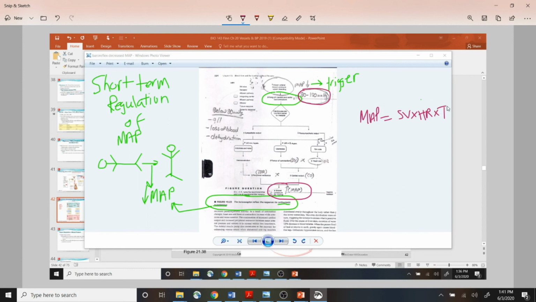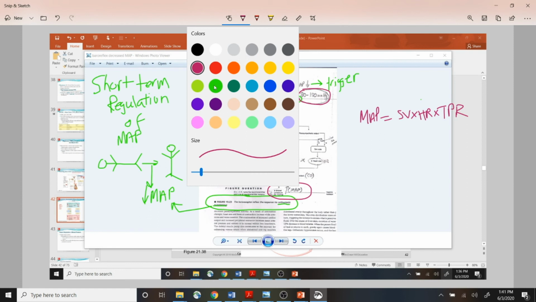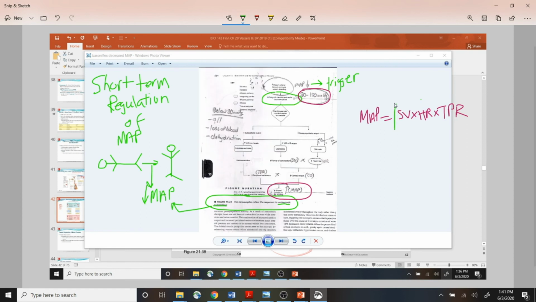We've learned so far that I've got to increase my mean arterial pressure. If I'm going to increase my mean arterial pressure, I need my stroke volume to increase, my heart rate to increase, and some of my blood vessels to get increased total peripheral resistance. All three of these things will increase mean arterial pressure, blood pressure.